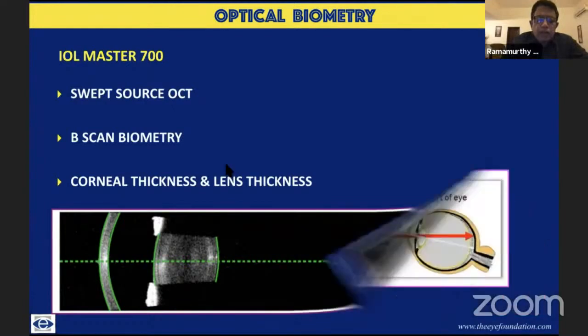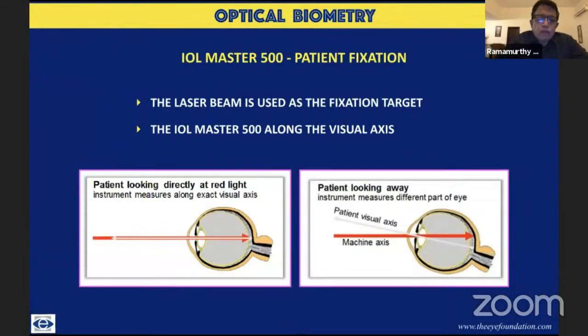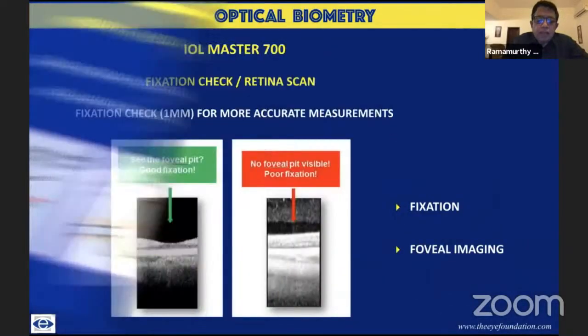We look a little deeper into these features. With the IOL Master 500, the patient had to look directly at the red light, and that's why we thought it was most often concentrated on the visual axis. But in case the patient looks away, the instrument measures a different part of the eye, and there was no objective way of checking whether the patient was fixating through the fovea or looking away at the time of taking the measurement.